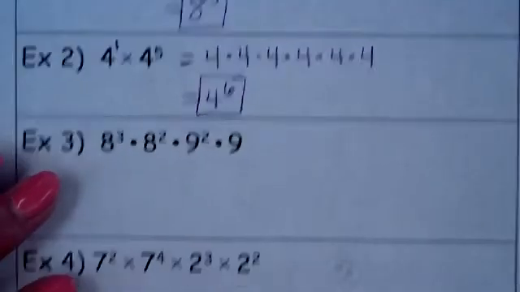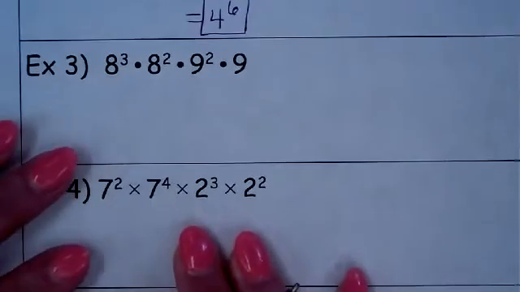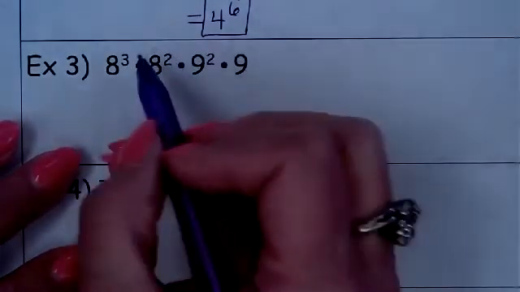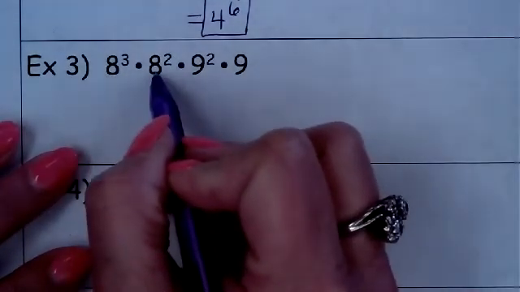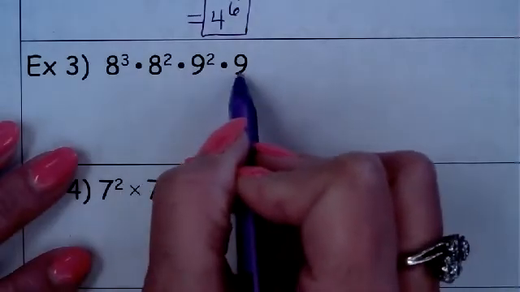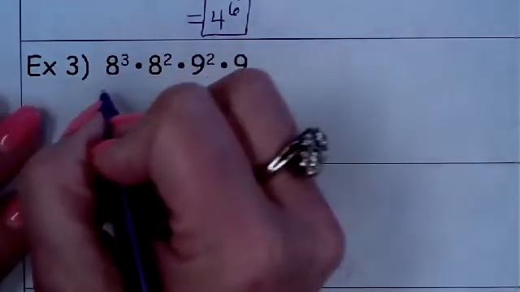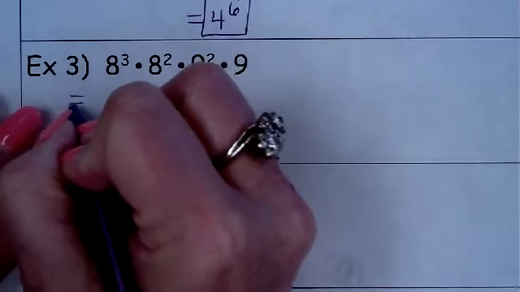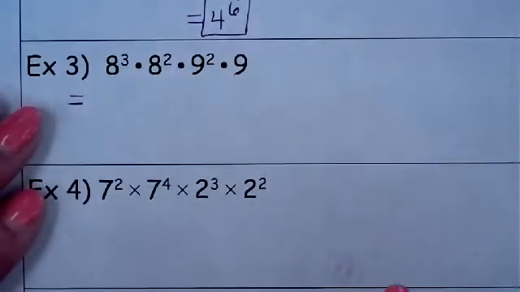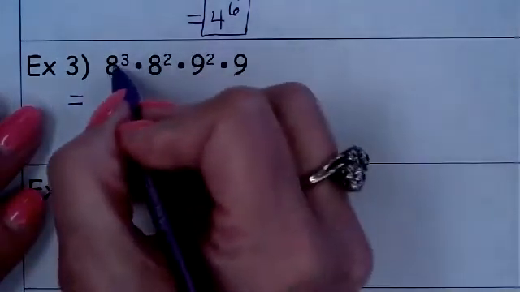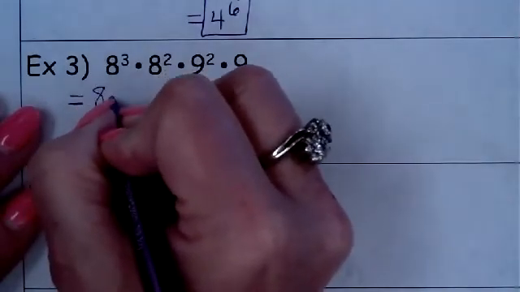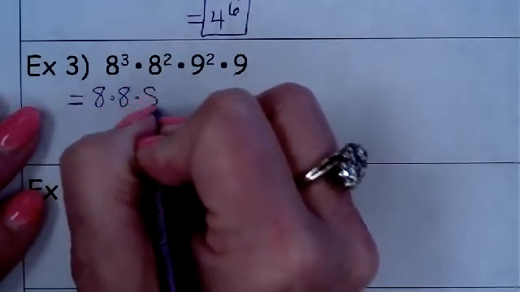Now, if I look at number 3, I notice here I have 2 different bases. I have a base of 8 and a base of 8, but I also have a base of 9 and a base of 9. Okay, so we're still going to expand just like we did before, even though I have different bases. 8 to the third is 8 times 8 times 8.